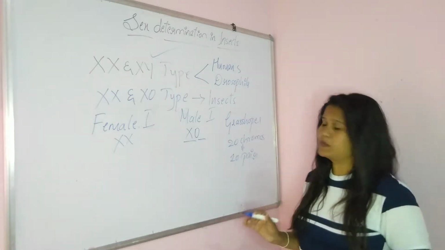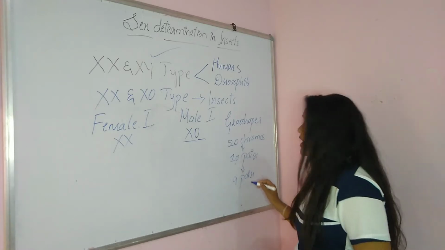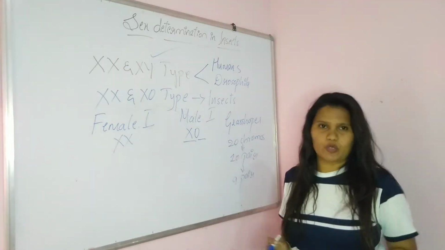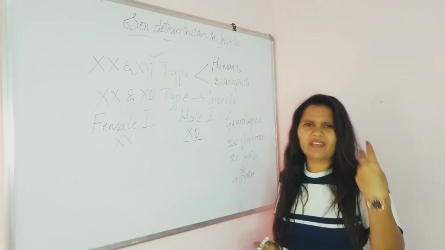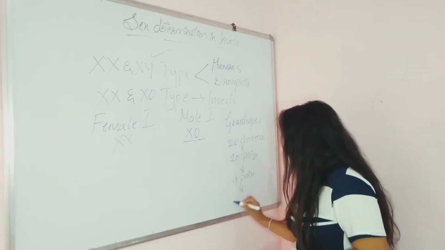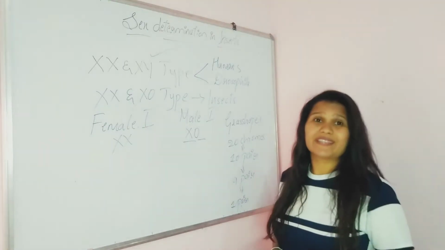Of the 10 pairs, 9 pairs are autosomes, which regulate body color, eyes, hair and so on. The remaining one pair is the allosome, or sex chromosome.